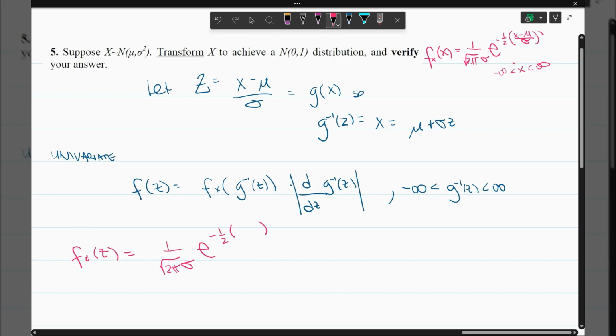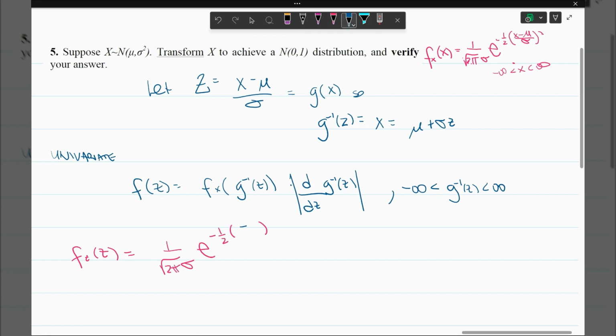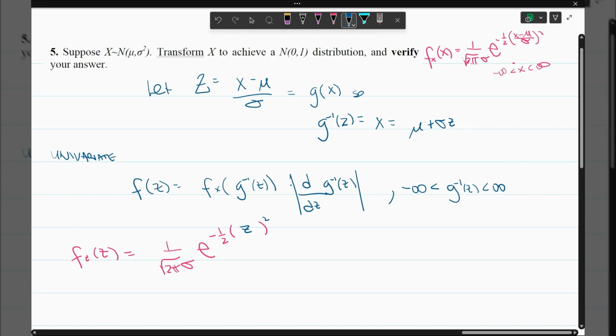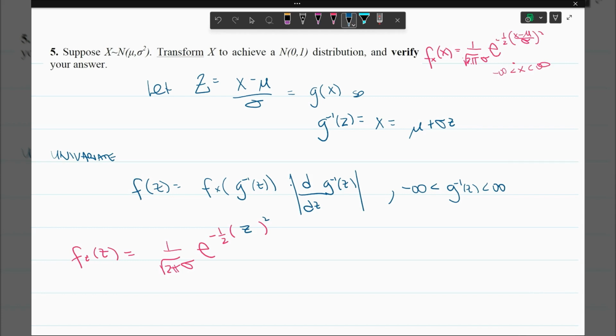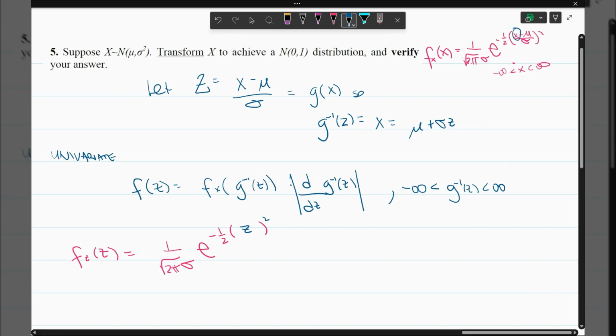Instead of all of that, I'm just going to put a z, quantity squared. If you want to go through all the steps, you can plug this x in there, and you'll see you get just a z at the end of the day.